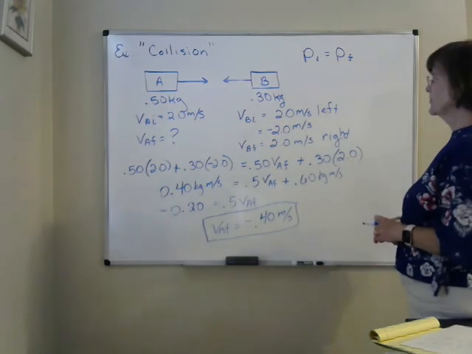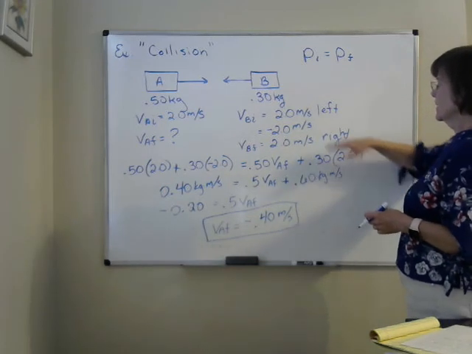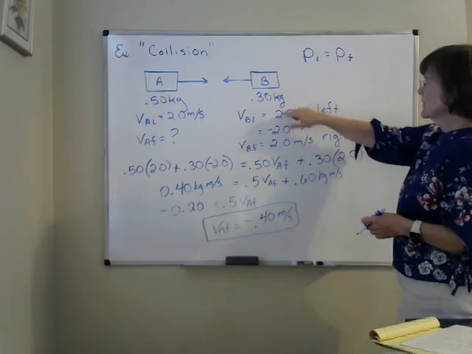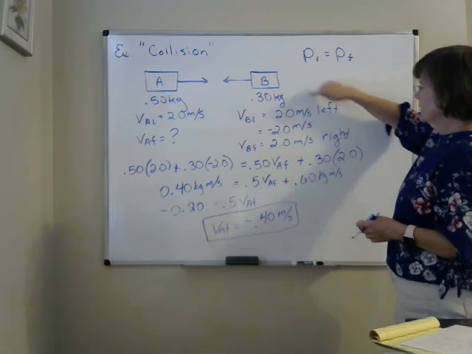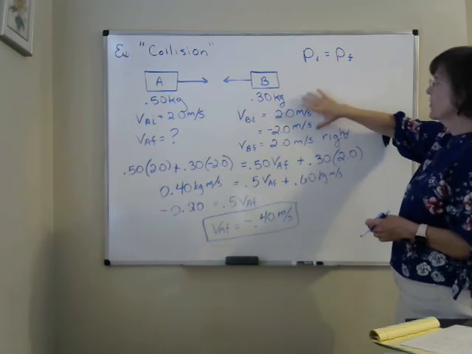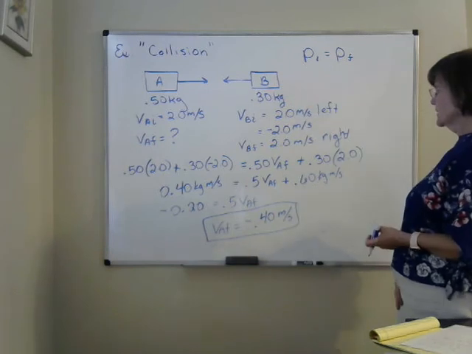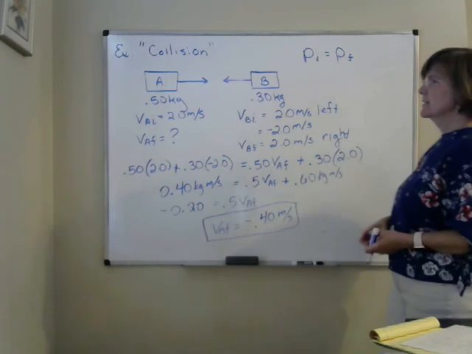Let's see what glider B did. It started with negative 0.60, because it had 0.30 times negative 2.0. Afterwards, it's still 0.30 times 2, but it's positive 0.60.